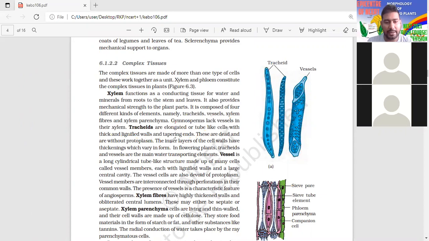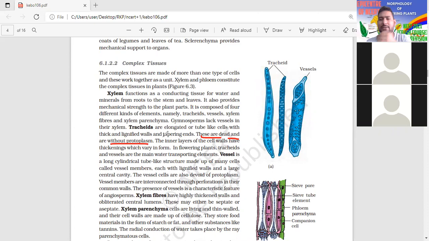Okay. Here they have given elongated or tube-like cells with thick and lignified walls with tapering ends. Tapering ends means they have a thick deposition of lignin, and their ends are highly tapered. Is it fine? Now these are dead cells and are without protoplasm.